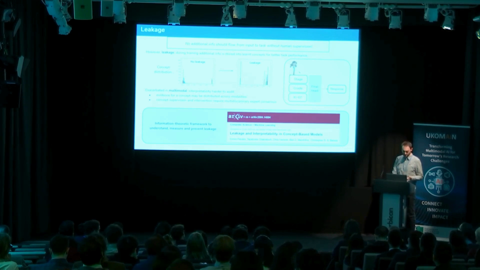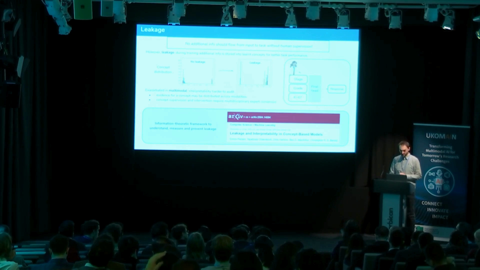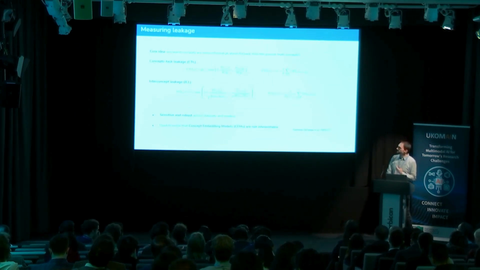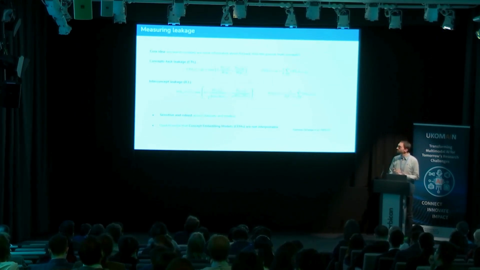So this is why in this work here, you don't see the cursor, we tackled this issue, and we proposed a new framework based on information theory to understand, measure, and prevent leakage. And the core idea is that if leakage is present, then learned concepts will be more informative about the task than the ground truth.